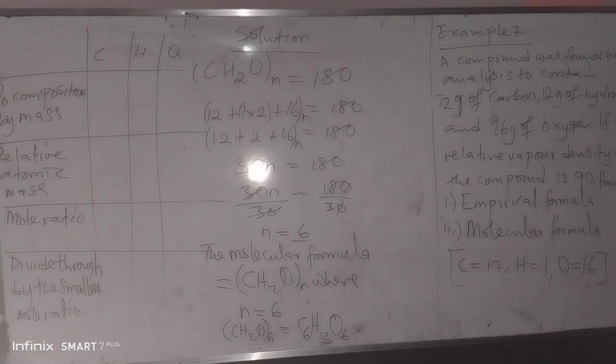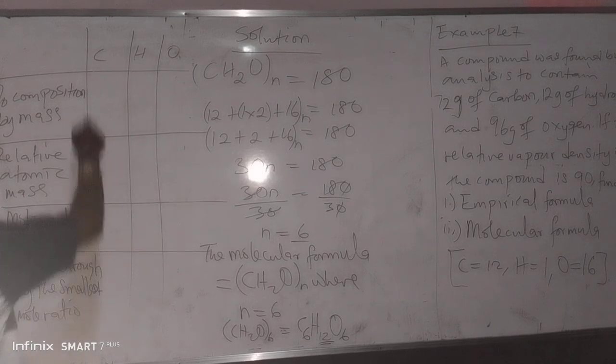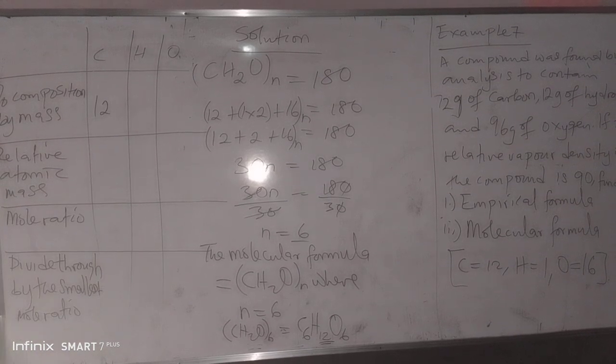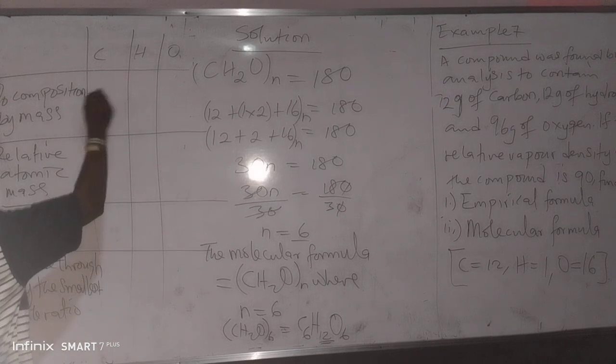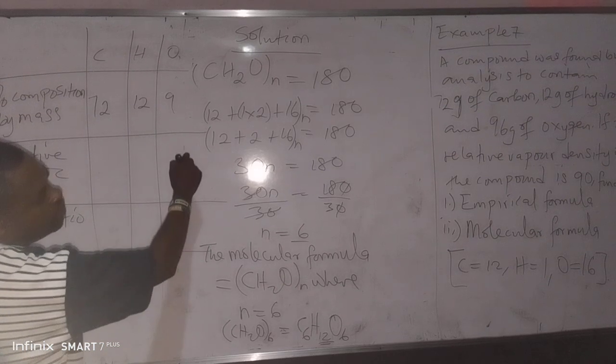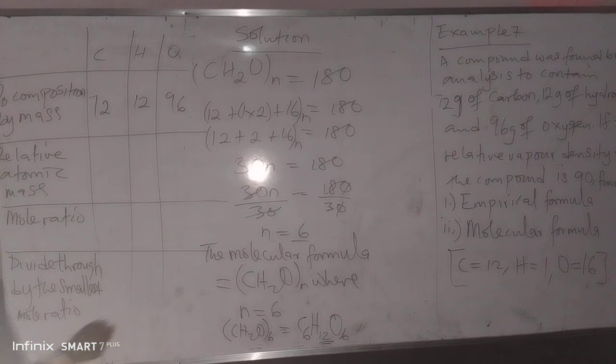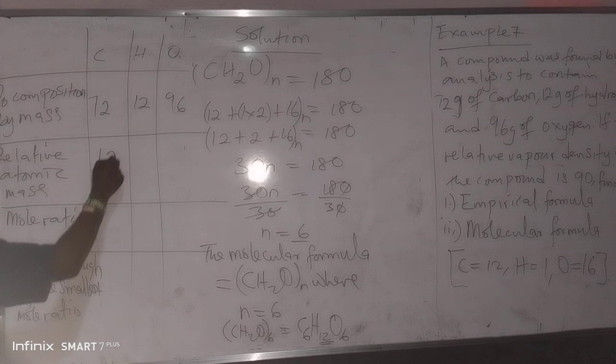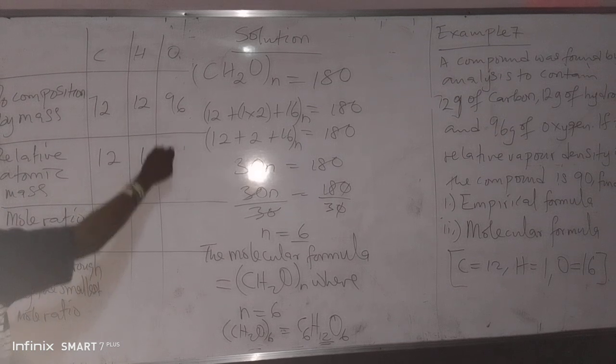The mass of carbon according to the question is 72 grams, that of hydrogen is 12 grams, and that of oxygen is 96 grams. The relative atomic mass of carbon is 12, hydrogen is 1, oxygen is 16.